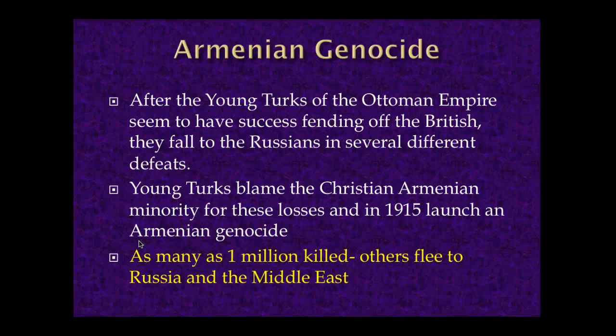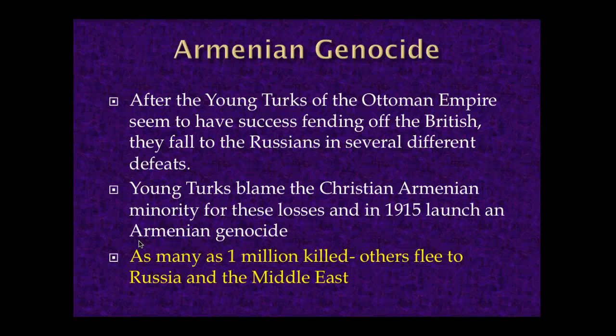Another thing that happens towards the end of the war, the Young Turks of the Ottoman Empire were somewhat successful at fighting off the British in the Middle East. However, they lose several key battles to the Russians in the East. And the Young Turks are going to blame the Armenian Christian minority for these losses. The Armenians basically live in the middle land, like on the border between the Ottoman Empire and Russia.